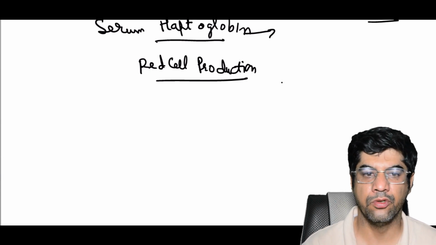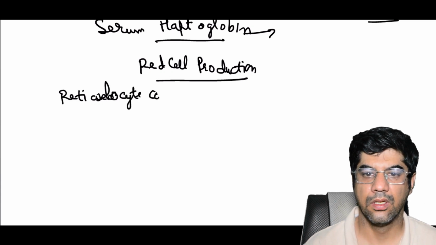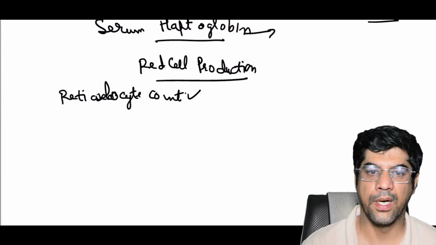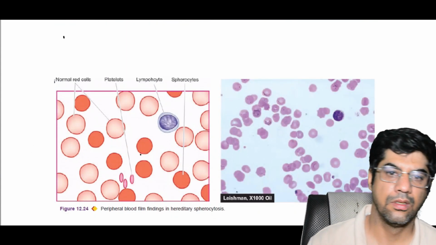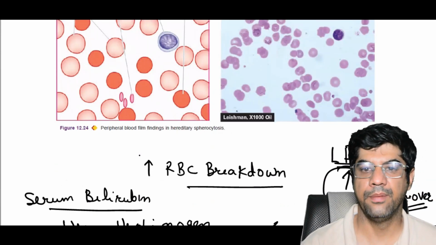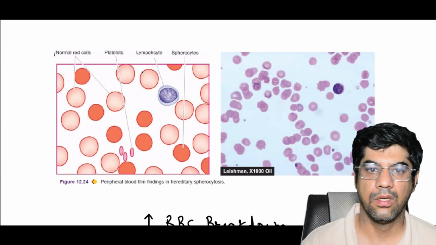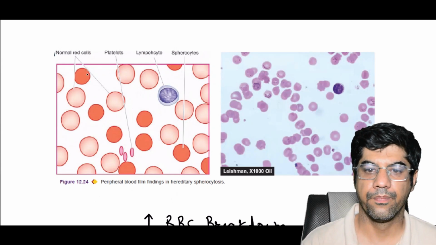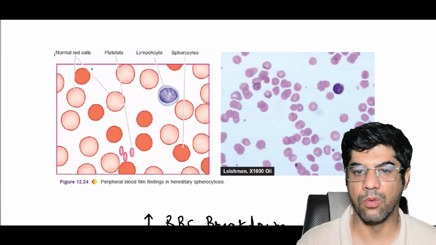So here the test you would see is reticulocyte count, which would increase. On a blood picture you will see macrocytosis, polychromasia, and presence of normoblasts.